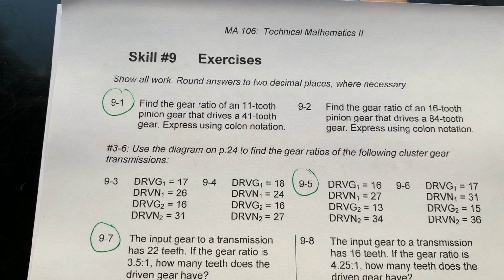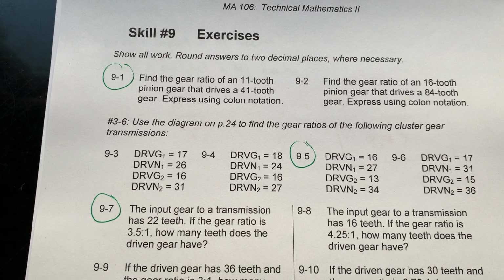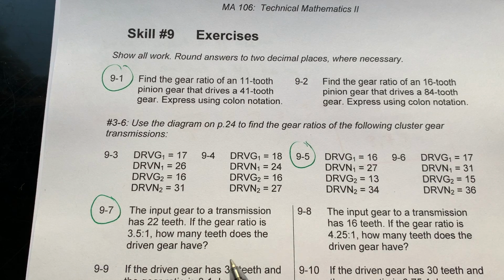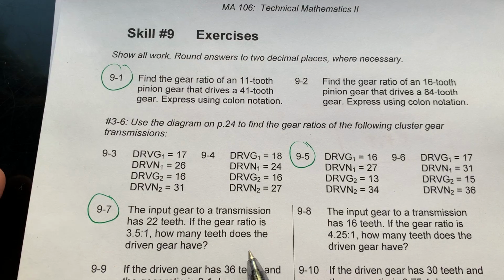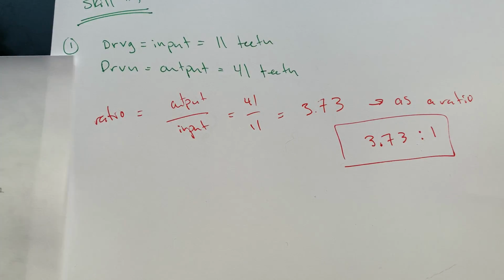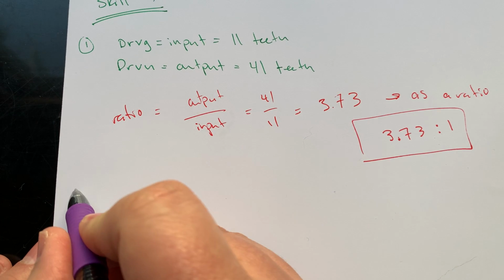If we change around what we're asking for a little bit, number 7 is a pretty similar setup. We're just given slightly different information. If the input gear to a transmission has 22 teeth, and the gear ratio is 3.5 to 1, how many teeth does the driven gear have? How many teeth does the output gear have? So for number 7, let's put this information down.